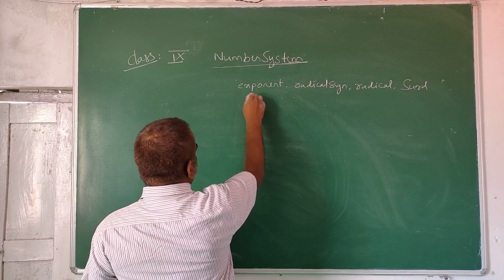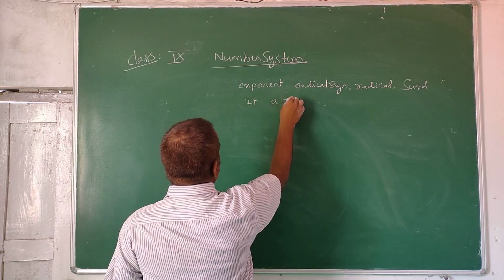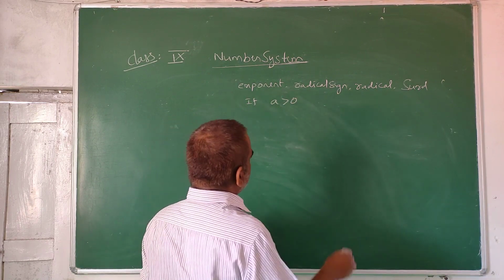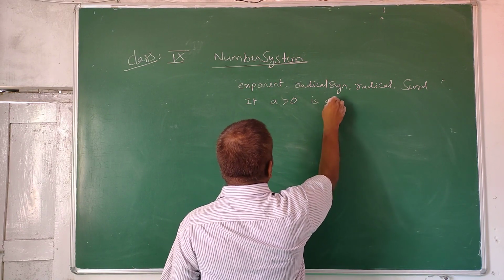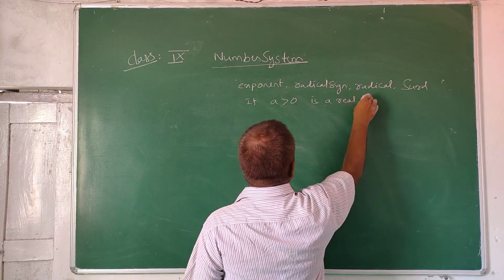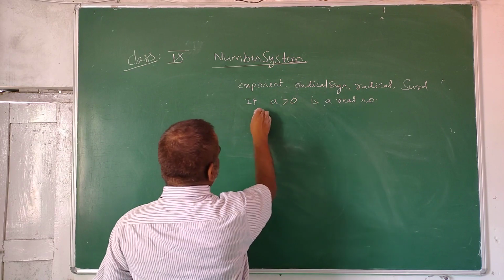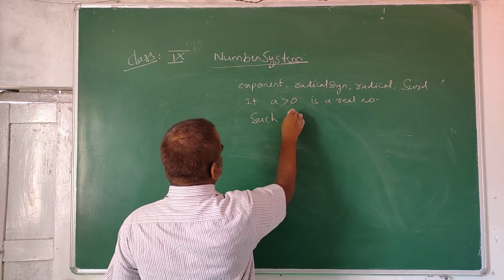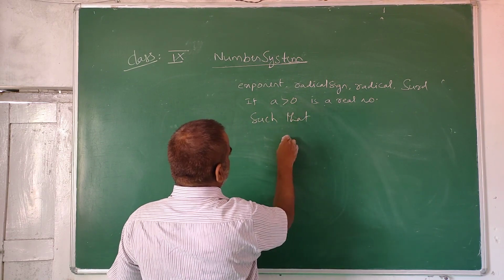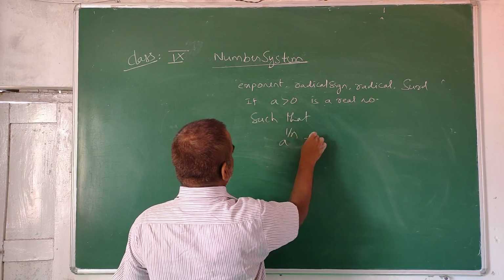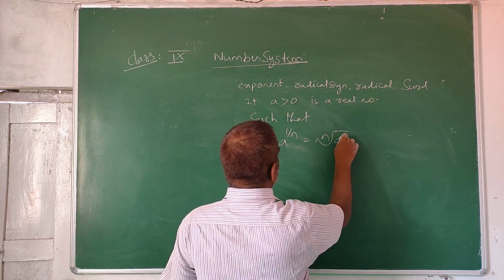See, if a is greater than 0, a real number, such that a power 1 by n is equal to nth root a.